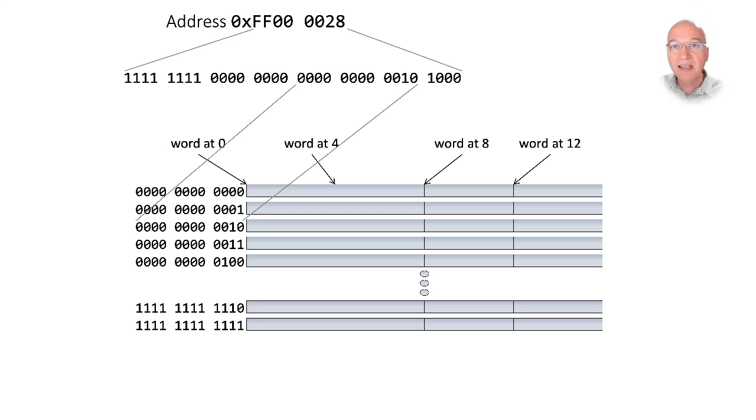And then I will take the next 12 bits, that are the number of bits that I need to get a unique identifier for a block, to find out which block inside the cache I'm accessing. So that tells me that I am accessing that block, and I take the lower 4 bits to find which word, and that tells me that this is the word that I am accessing in this example.